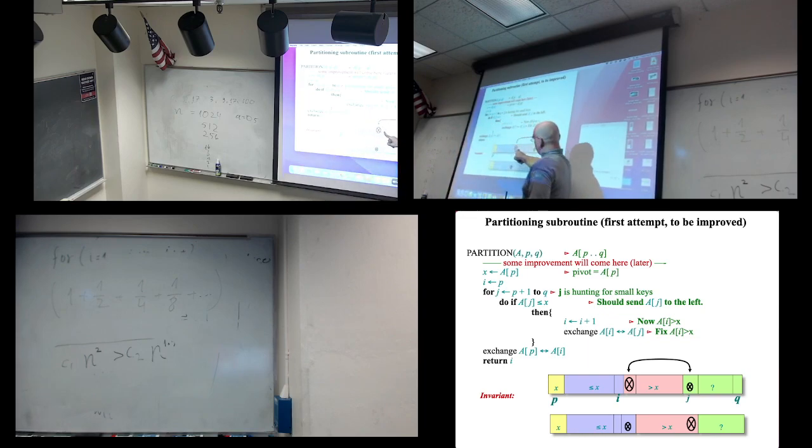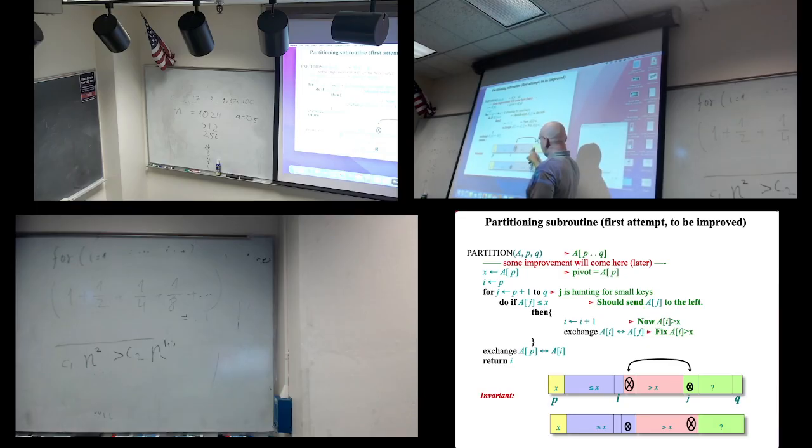j will go on, and I want all the elements from j all the way to the end to be strictly larger than x, than the pivot. What happens if this is not the case?